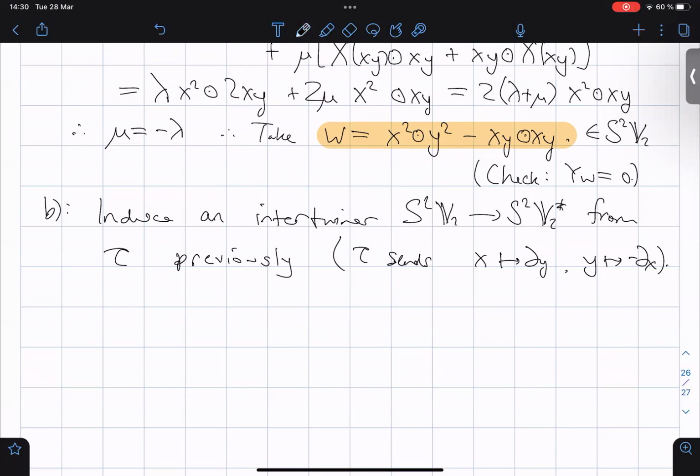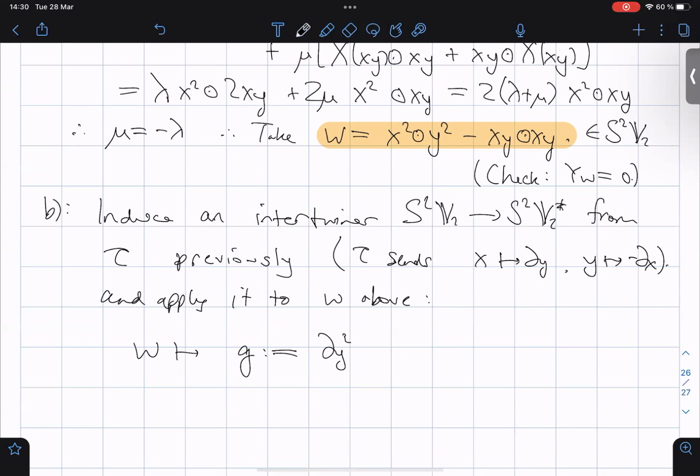So use the definition from tau previously and apply it to W above. Okay, so W is getting sent to, this is what I'm going to call G. So x gets sent to partial y. I'm going to apply it to x squared, so that's going to be sent to partial y squared.